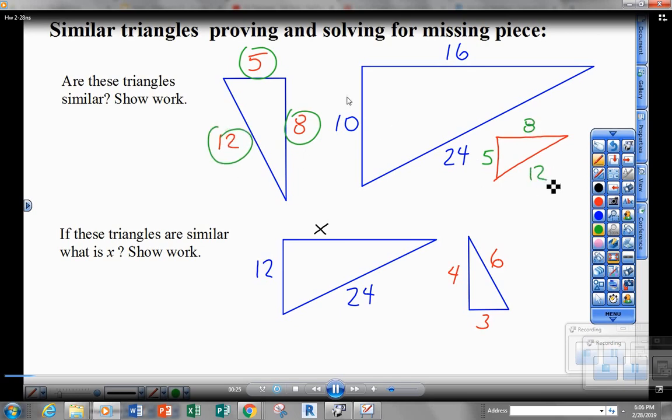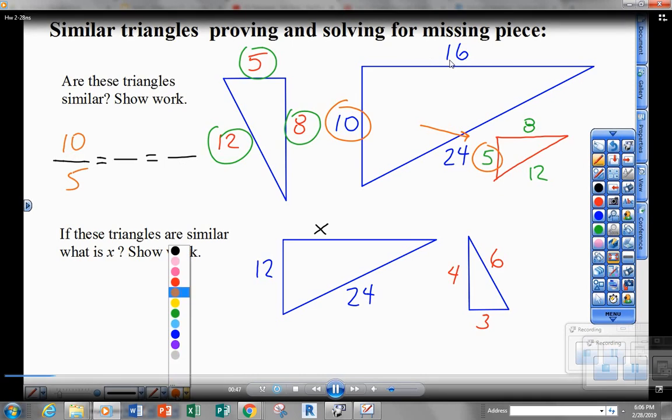And then it's easier for me to see that these pairs are corresponding, the 24 and the 12, the 16 and the 8. So when I do my checking if they're similar, I need to see that all these ratios are the same. So I'm going to go 10 over 5, and I'm going to keep going with that pattern. The big length over the small corresponding length.